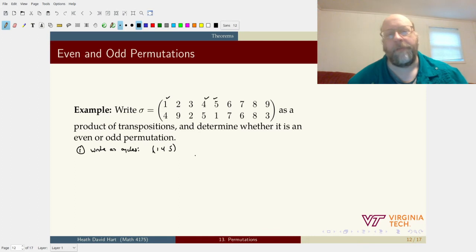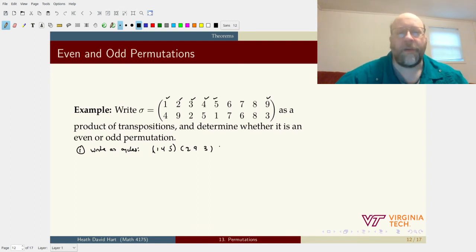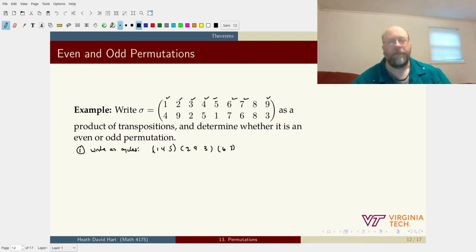I think we've done this already. Then 2 goes to 9, and then 9 goes to 3, and then 3 goes back to 2, and then 6 goes to 7, and 7 goes right back to 6, and then nothing happens to the 8, so we can leave it alone.